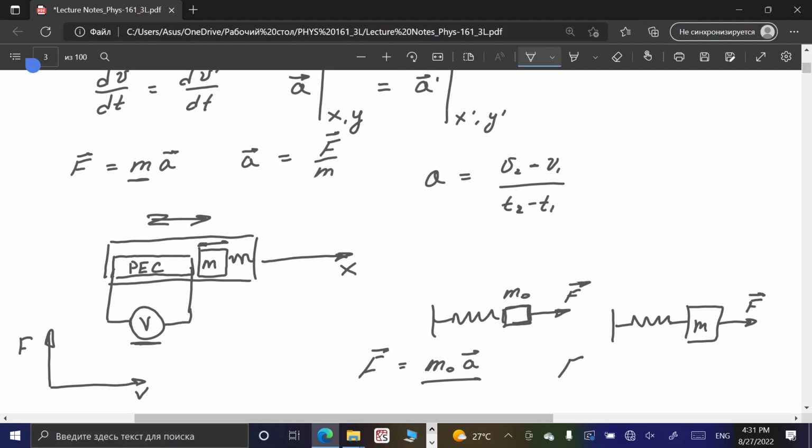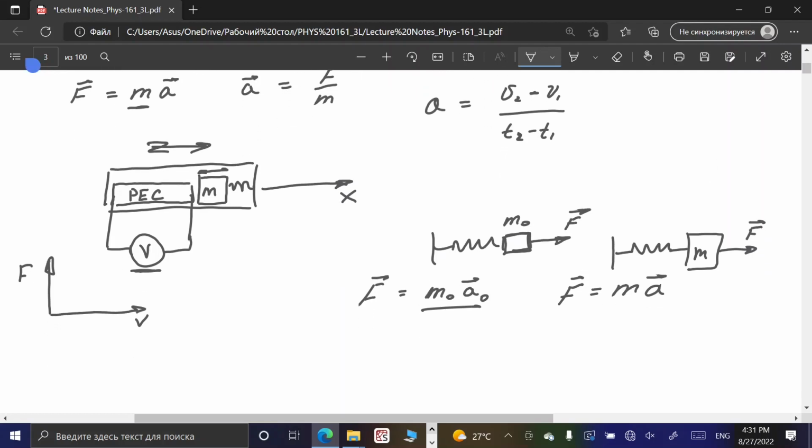So in this case, force F can be represented as unknown mass m times this acceleration a. Let's call this also acceleration a naught to differentiate between them. So now we know that this force is the same. We didn't change conditions of the experiment.